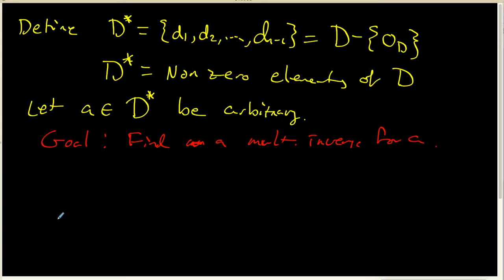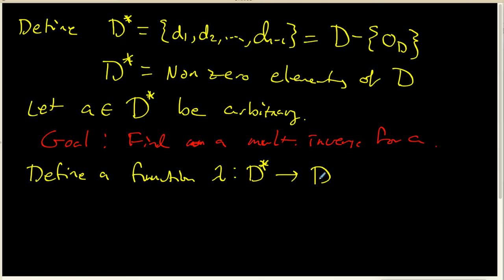So what I'm going to do is define a map, a function. The author calls the function lambda. So we're going to take this function lambda, its domain is going to be D star, and it's going to send the elements of D star back to D star.